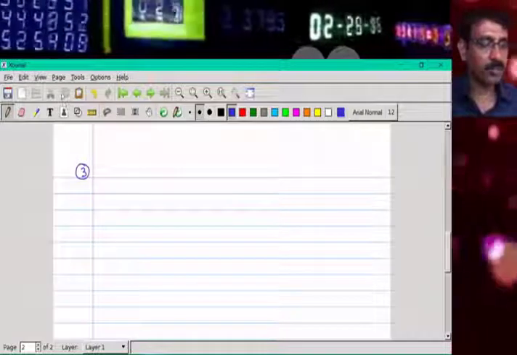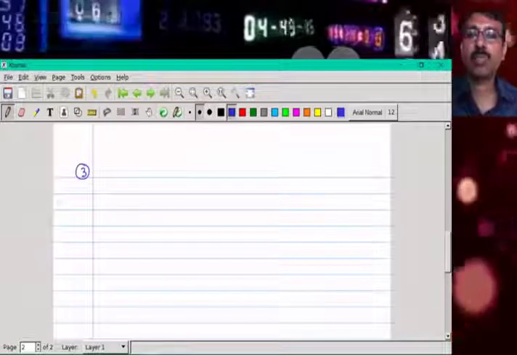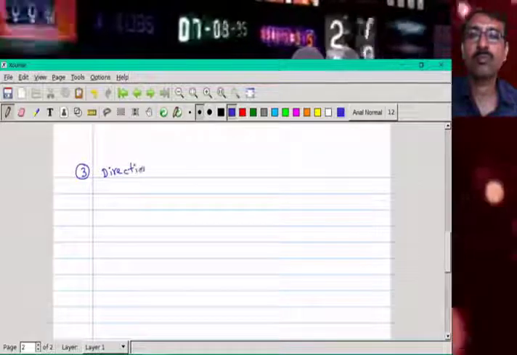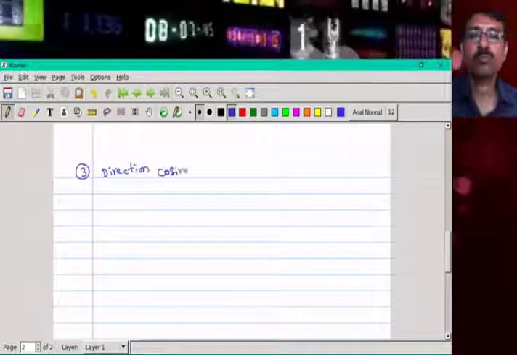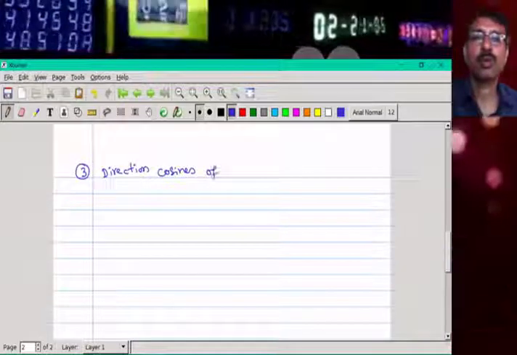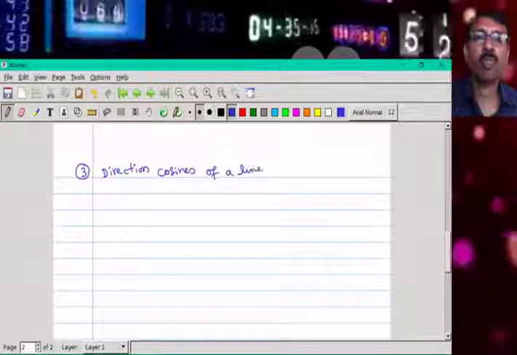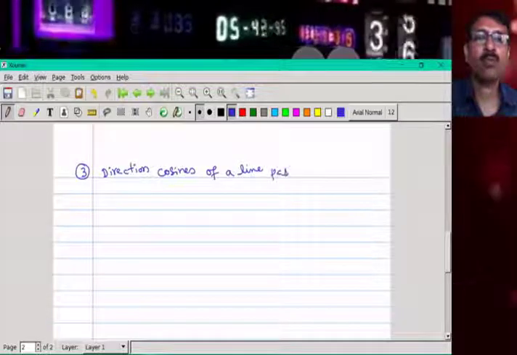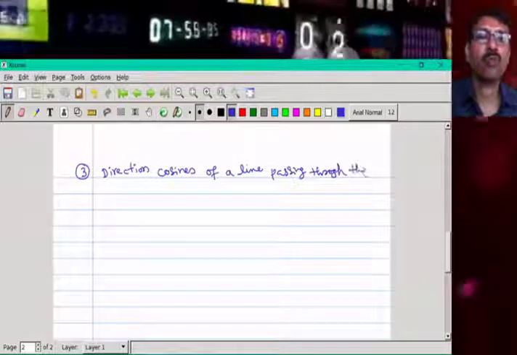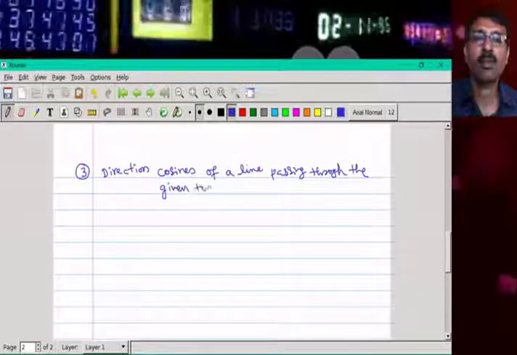Third formula, the formula for direction cosines of a line passing through the given two points.